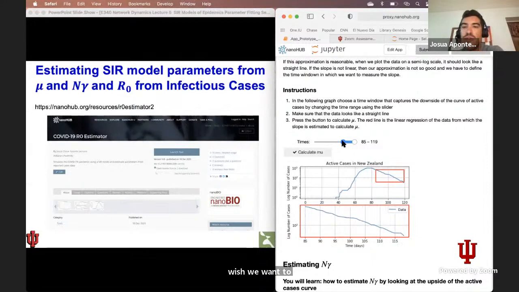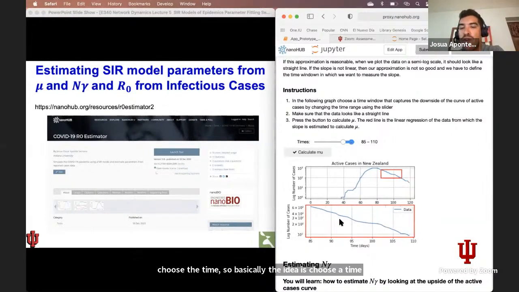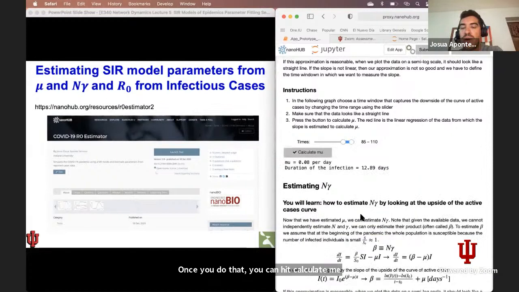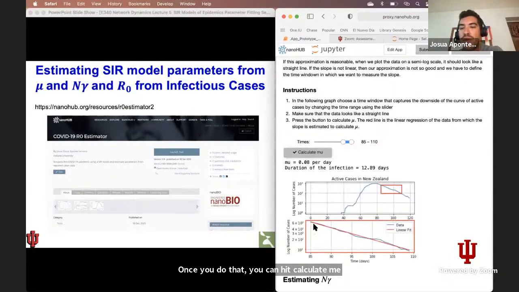So that's all the user has to do, is to choose the times. Basically the idea is to choose a time where the curve looks like a decreasing straight line.